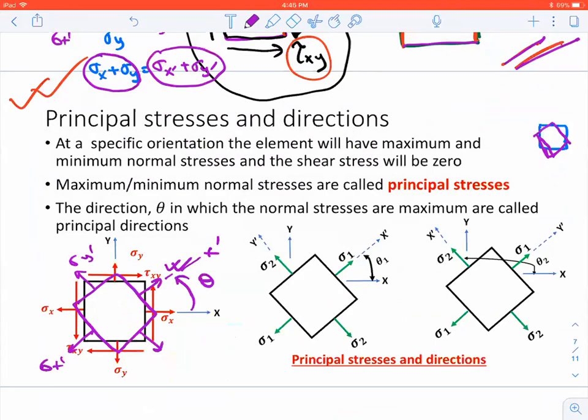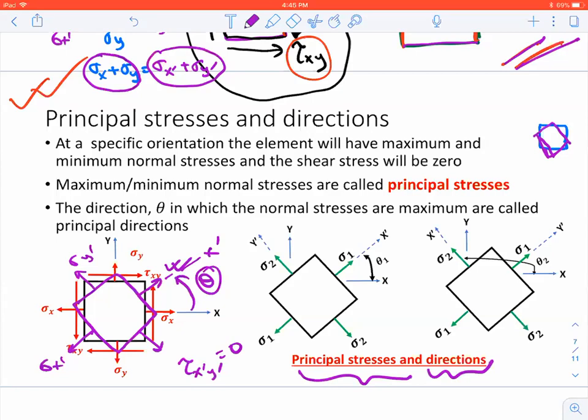So if you keep on rotating it, depending on what your value of theta is, your stresses are going to change until you come to an angle where your shear stress tau x prime y prime becomes 0, and you only see normal stresses. Those stresses are called principal stresses, and the angle where you see these stresses gives the principal directions.